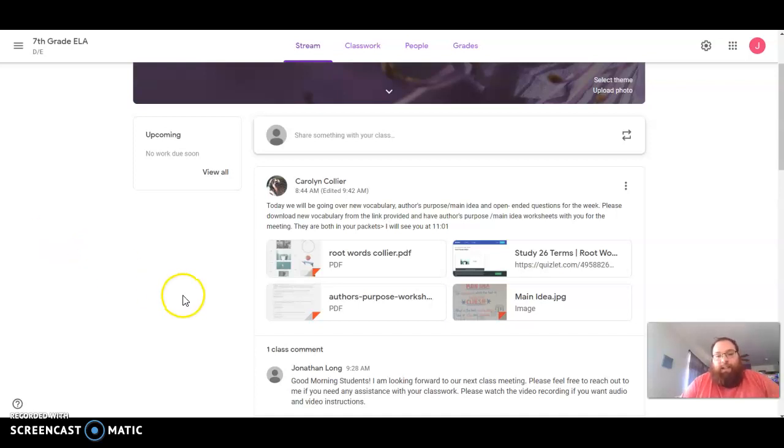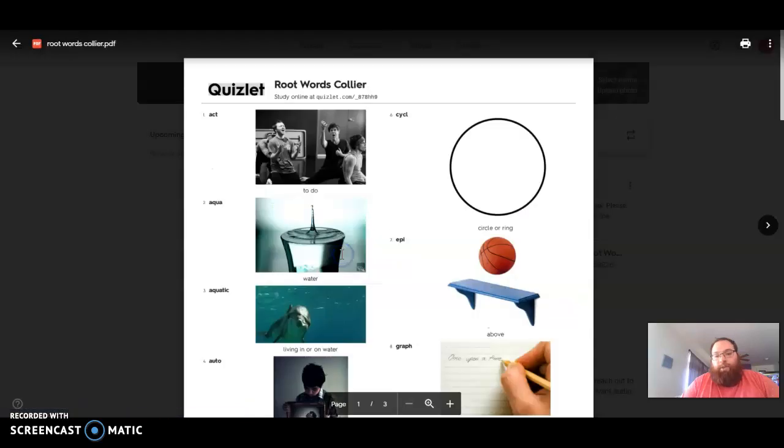Now what that means is, I uploaded to the assignment the author's purpose worksheet here in PDF form, and I also included an anchor chart for main idea to help you refresh on that. Miss Collier put up a PDF of the words.